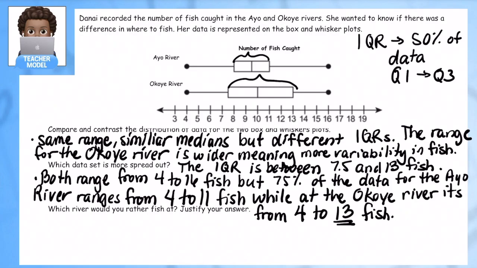And that matters because it means 75% of the time I get into a higher number with the Okoye River. And that didn't happen at the Ayo River.